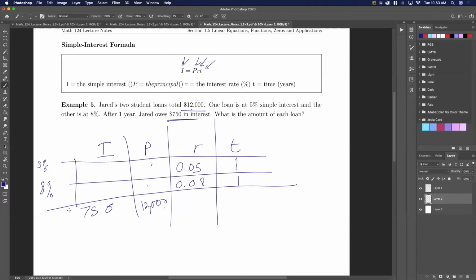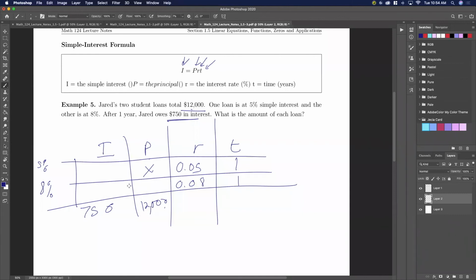All right, so in order to do this, I'm going to just say I put X amount into one. I'm going to say I put X into the 5% loan, right? If I put X into that, and if I add these two up, I get 12,000.